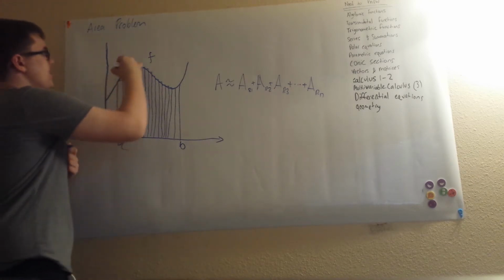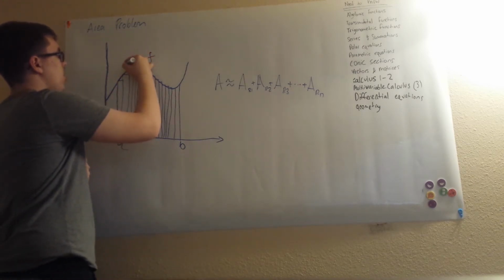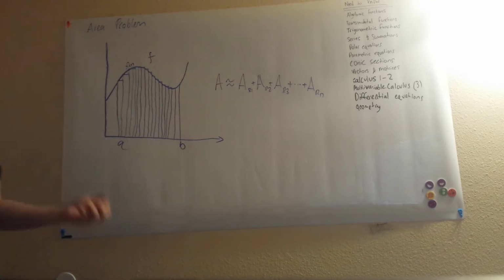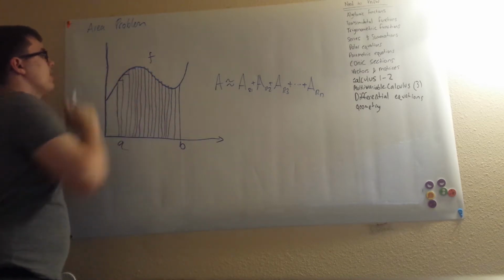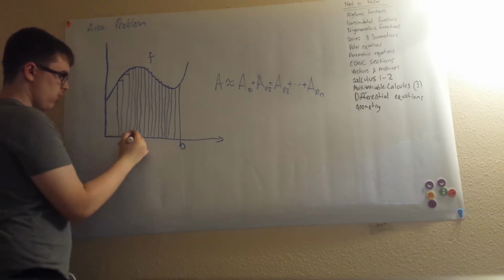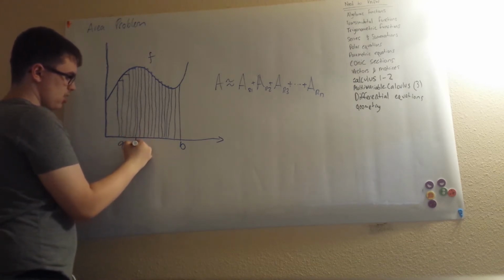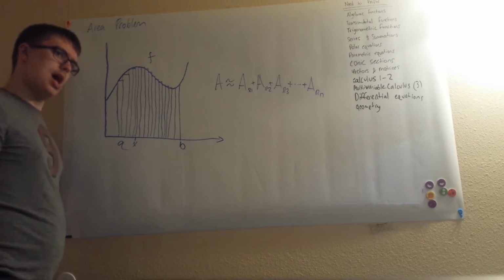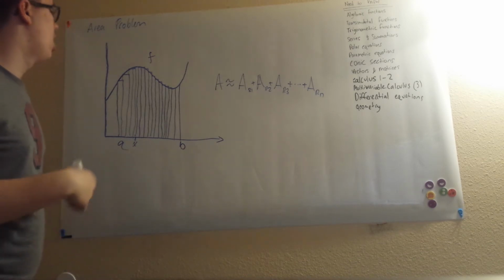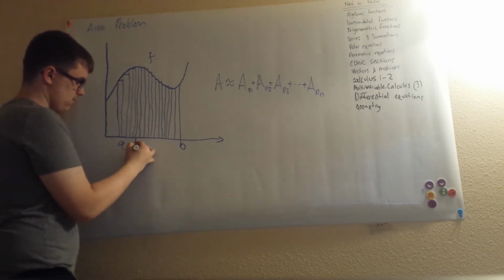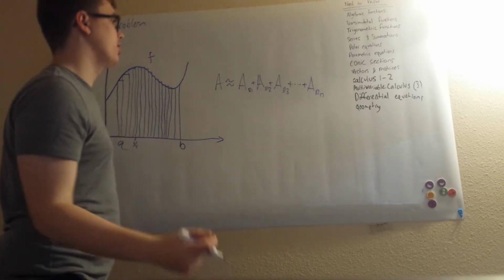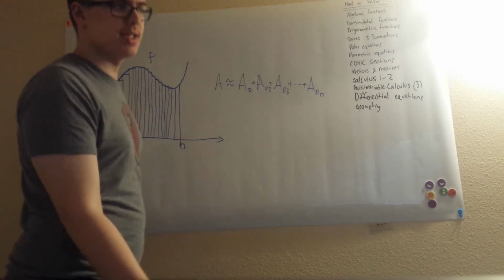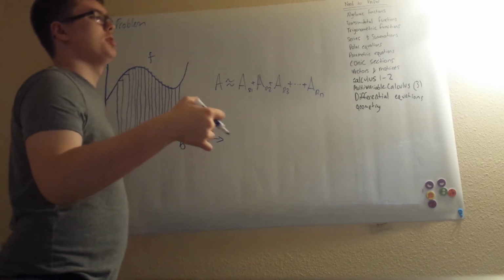Well, since this is the function height, we can just call the height of the rectangle f of x, right? Or, no. Every point is an x sub i. Because we're saying, well, this is the x position of the first rectangle, and the x position of the second rectangle, the x position of the third.